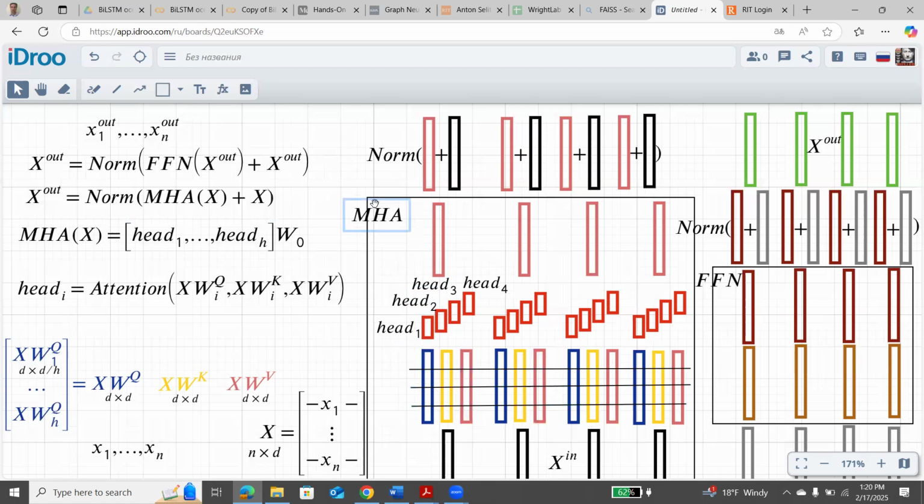After that, we apply normalization. And as you remember, it's not batch norm, because batch norm calculates the average mean and standard deviation across the batch to normalize each vector. But it's possible that in our batch we have some phrases from the future.